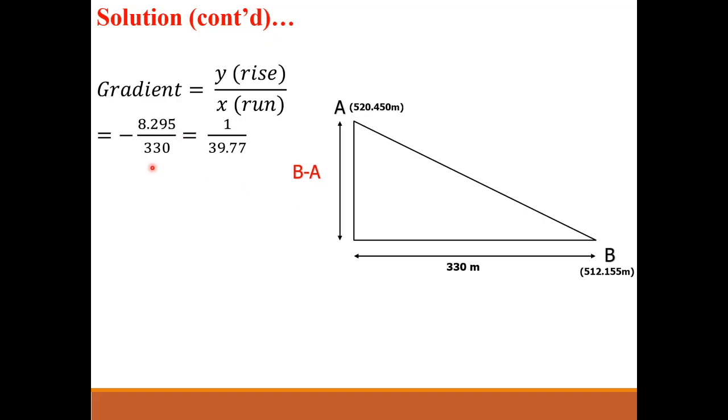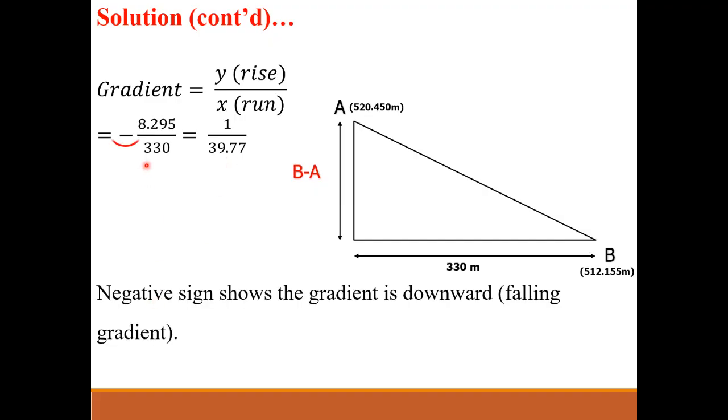B minus A over 330 is equal to 1 over 39.77. The negative sign here indicates that the gradient is downward, which is a falling gradient.